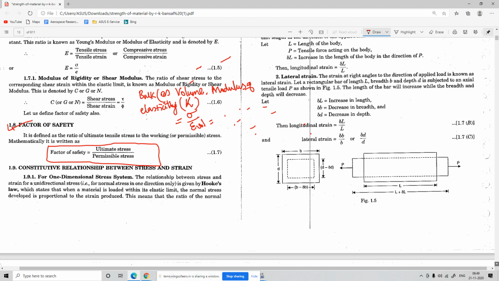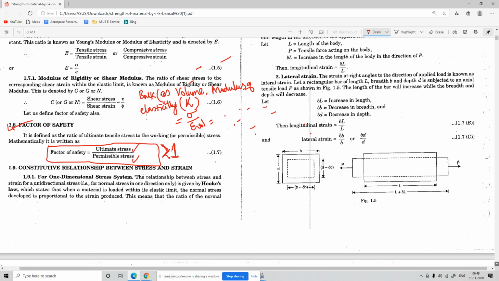See, the ultimate stress is always the highest compared with the permissible one. So in the numerator we will have more value compared with the denominator. So obviously the factor of safety will always be greater than 1.